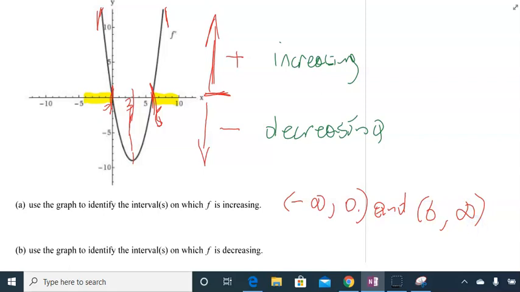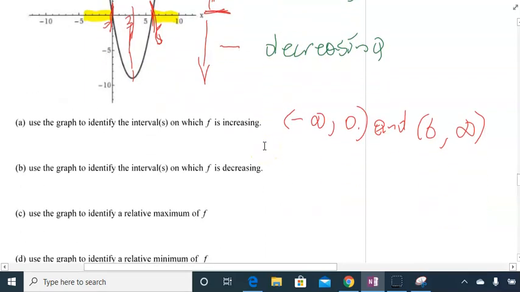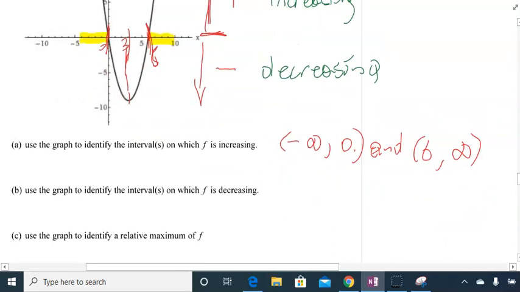So it's increasing on those intervals, -infinity to 0 and 6 to infinity. And where it's decreasing would be from 0 to 6.